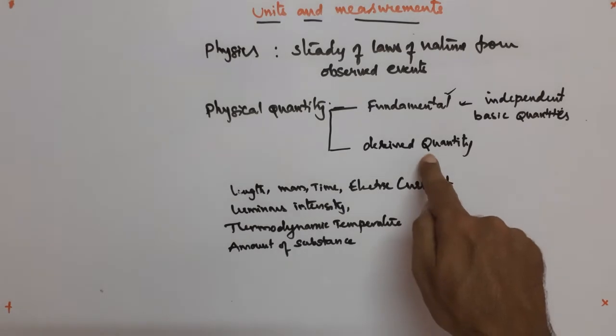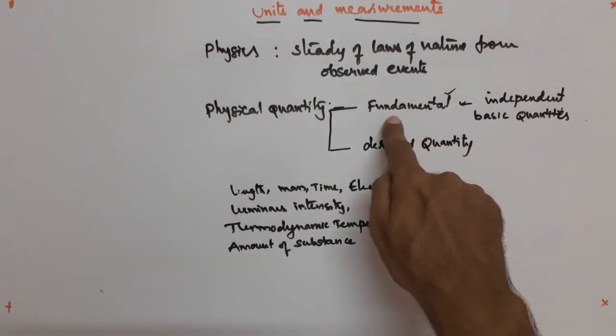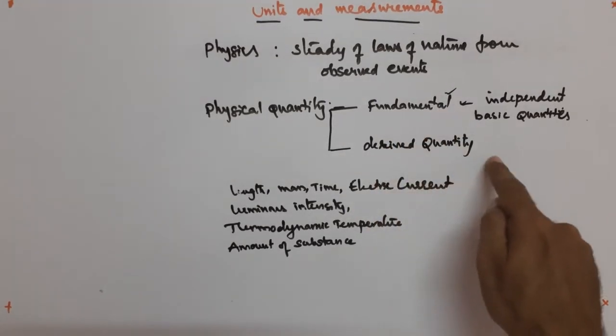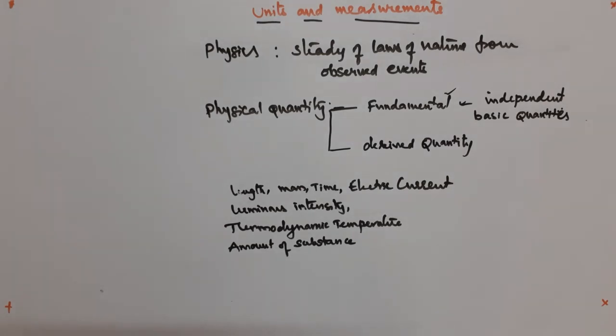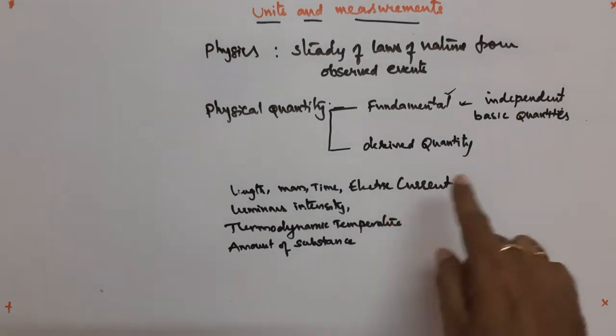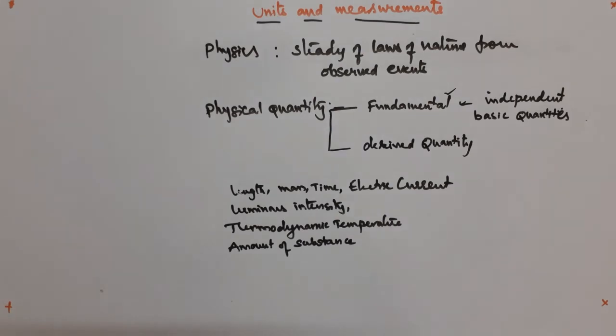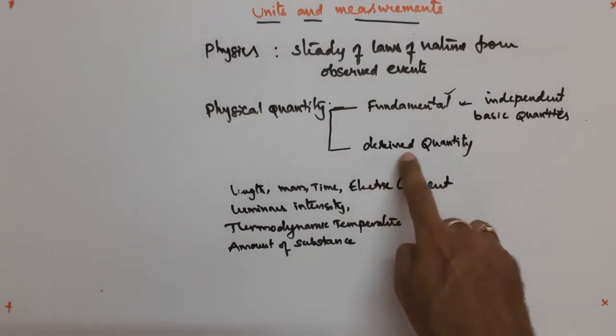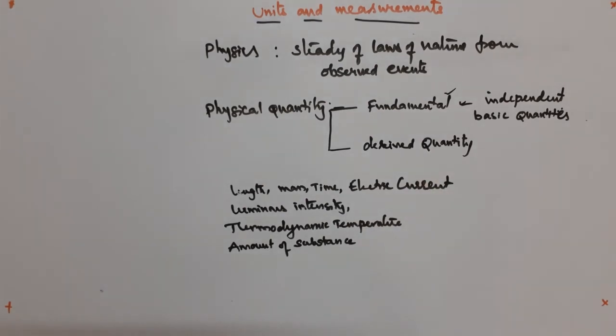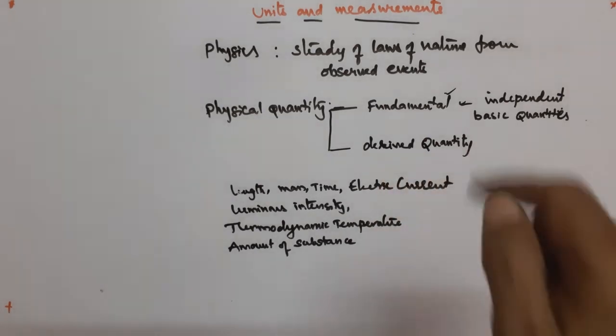The physical quantities which are dependent on the fundamental quantities are called as the derived quantities. Or the second definition: the physical quantities which are derived from the fundamental quantities are called as the derived quantities.